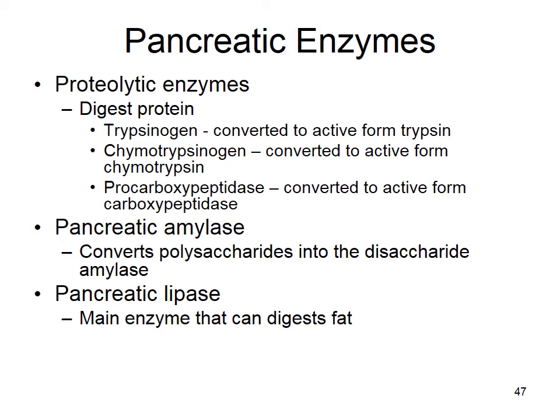Okay, and then pancreatic lipase is the main enzyme that digests fat. And because it's a protein, it stays in the watery matrix. So we have to emulsify the dietary fat so that lipase has a greater surface area to work on. Okay, and it breaks down those triglycerides into monoglycerides and fatty acids.